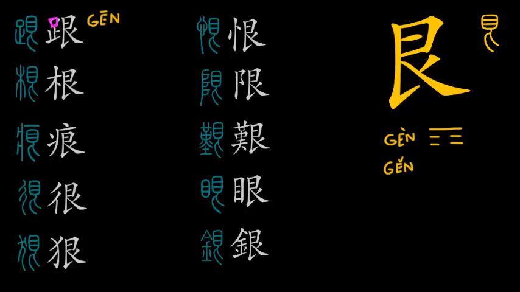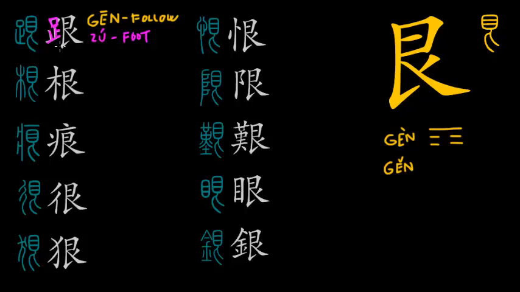I'm not even sure if I should always highlight this, because I think it is very evident that whatever is left in the character, after you basically remove this gun, is going to be the semantic element. So this is pronounced zu in the second tone, and it is a foot, and it is clearly pointing to the meaning of the character, to follow. And I'm not sure if I should write all of this. Maybe I'll just write the meaning, follow.